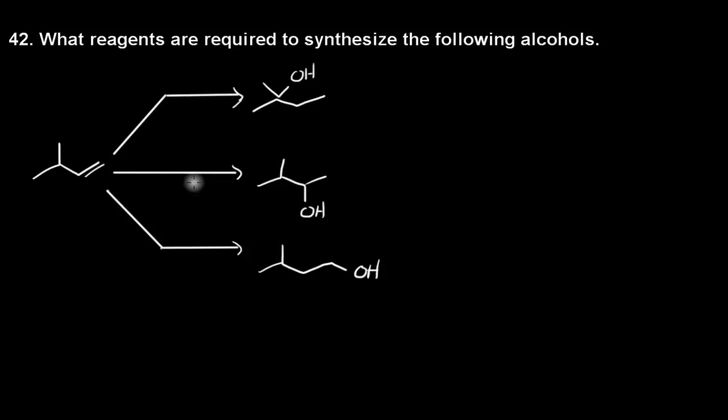As well as you should also be able to be given a product and a reagent and predict the reactant. So this seems like it would be really simple to make this transition, but in reality it's extremely difficult to be well-rounded in this way.